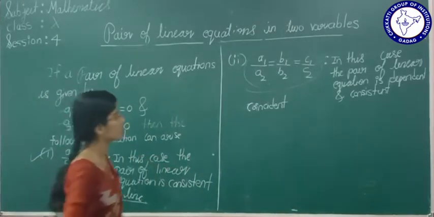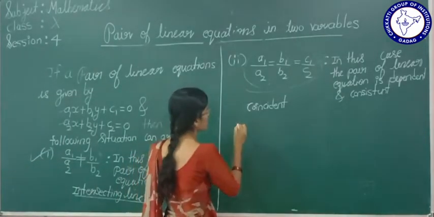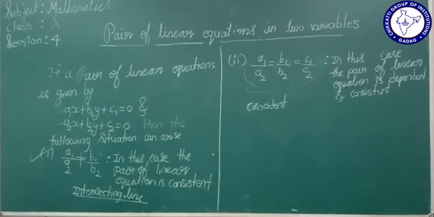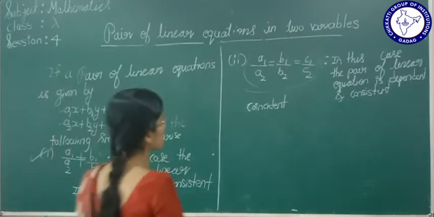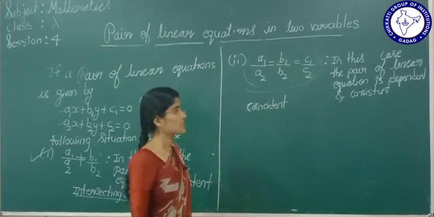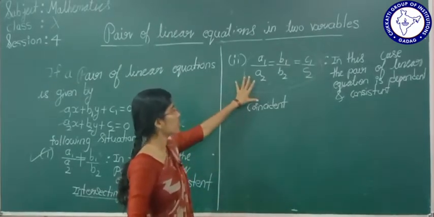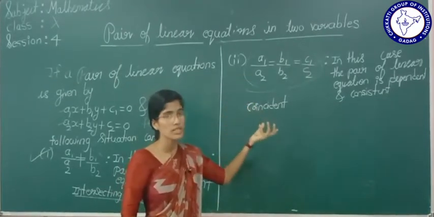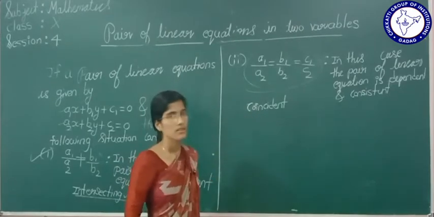Okay. So in this case the pair of linear equations is dependent and consistent, which means the lines are going to be coincident. Okay.